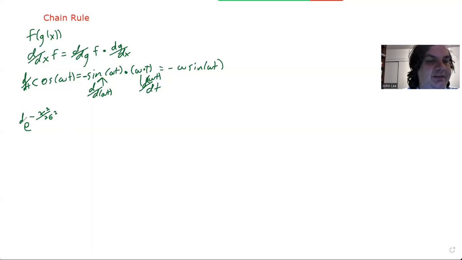This function is called a normal distribution.